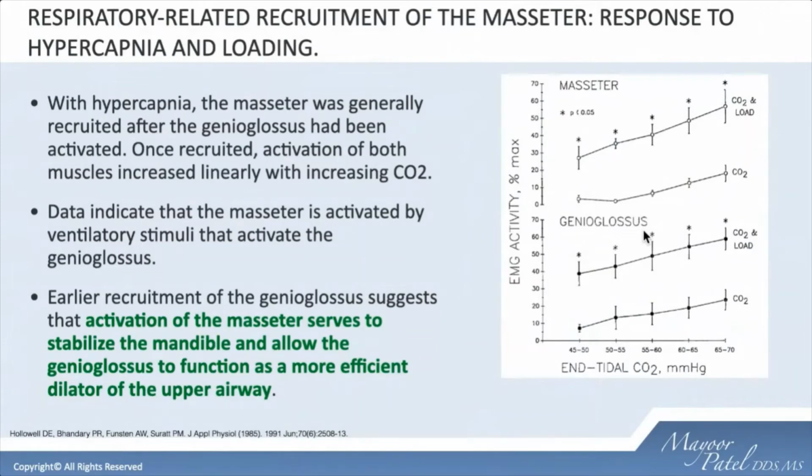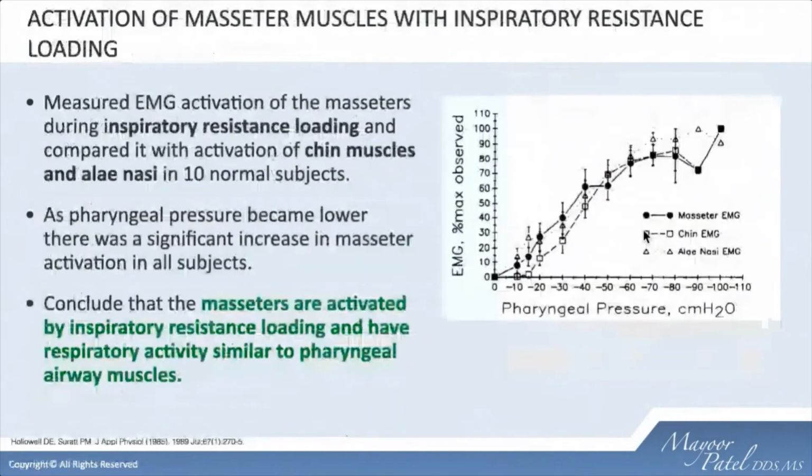So can it be that clenching is driven by hypercapnic situations? In this scenario, same researchers, but they looked at 10 healthy subjects once again. This time they caused what they call inspiratory resistance loading, where they basically choke-hold airflow, and they saw the same response: masseter fire followed by the genioglossus. This mimics what apneic events might look like.